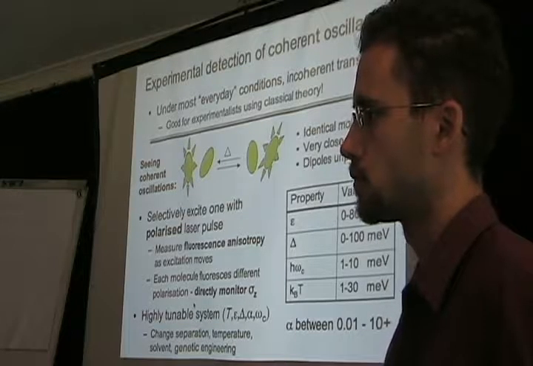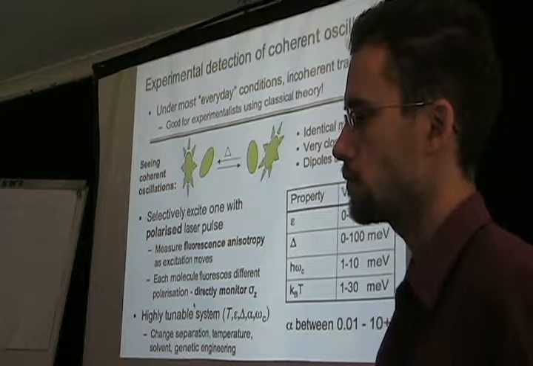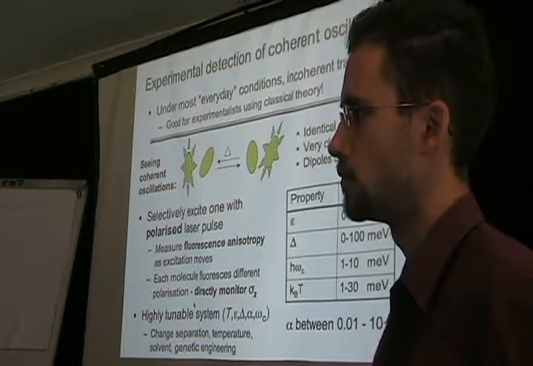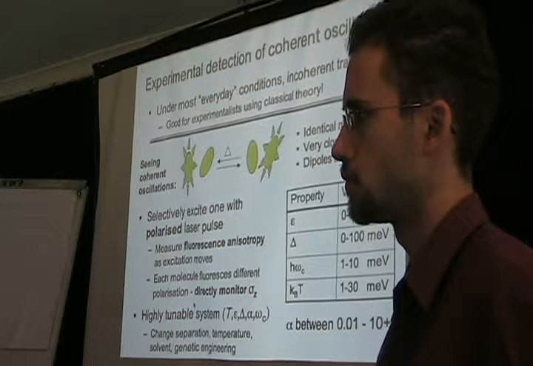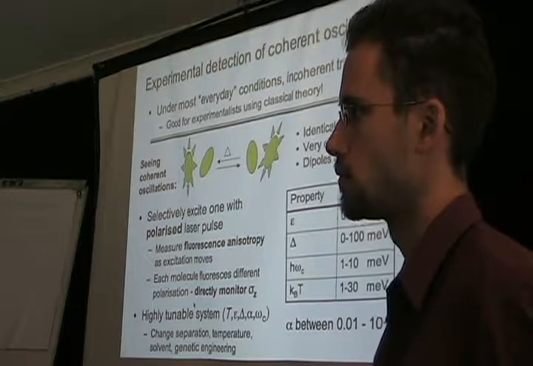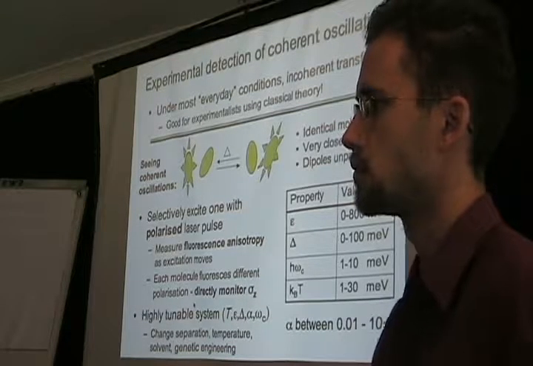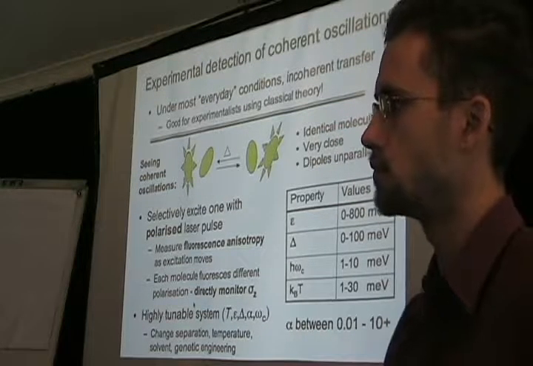Suppose you have that linearly polarized radiation field, you selectively excite that molecule. But then again, probably you will end up exciting a delocalized excitation instead of a localized excitation, because of the coupling constant, which is not zero.